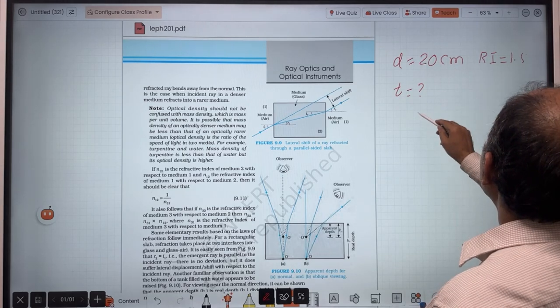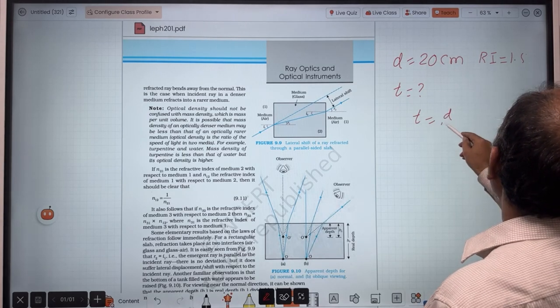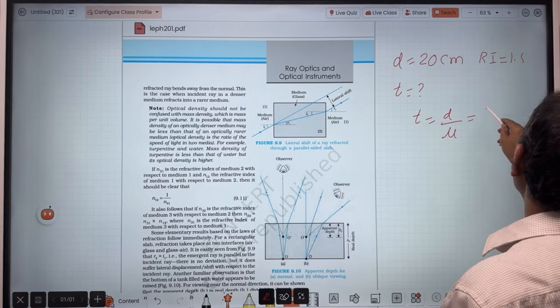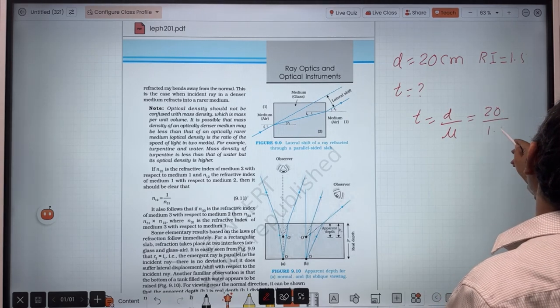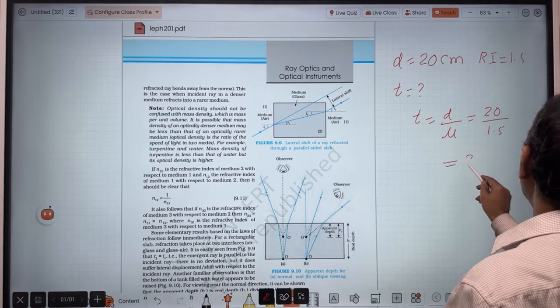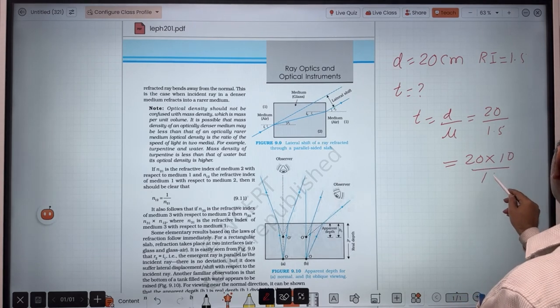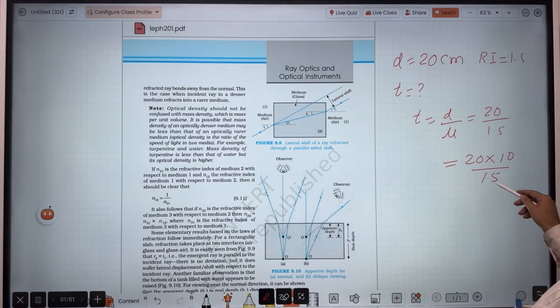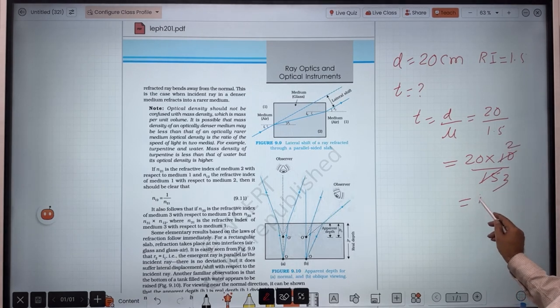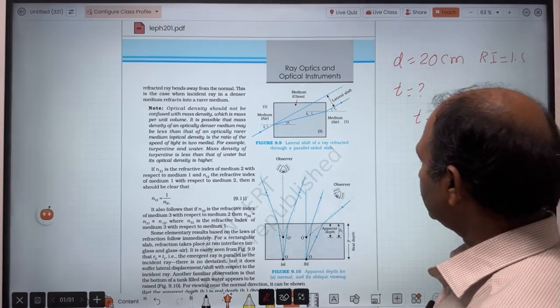You know the formula very well, that t is given by d upon mu. So d is 20 divided by mu, 1.5, or we can write 20 into 10 divided by 15. Then we can cancel, so 3 times 2 times. This will be 40 upon 3 centimeters.